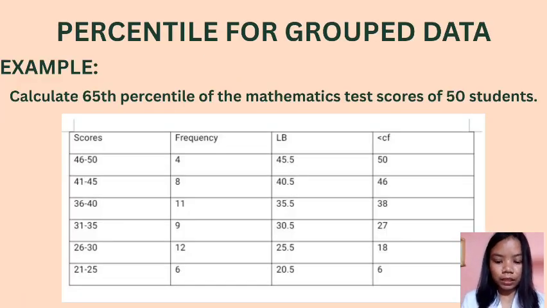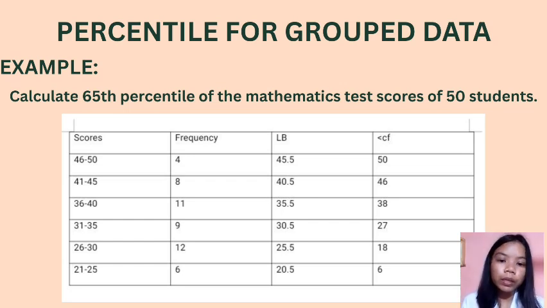Percentiles for group data. For example, calculate the 65th percentile of the mathematics test scores of 50 students. The table below shows the scores, frequency, LB or lower boundary, then less than cumulative frequency. The scores and frequency are already given, so we have to find the lower boundary, then the less than cumulative frequency.